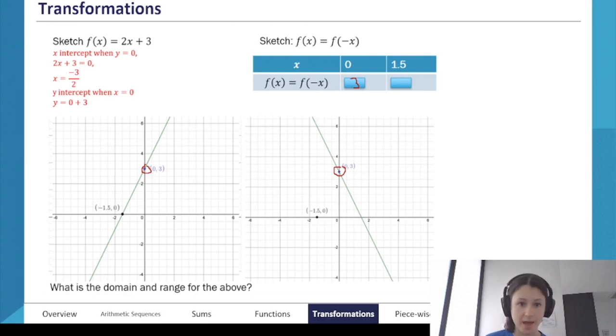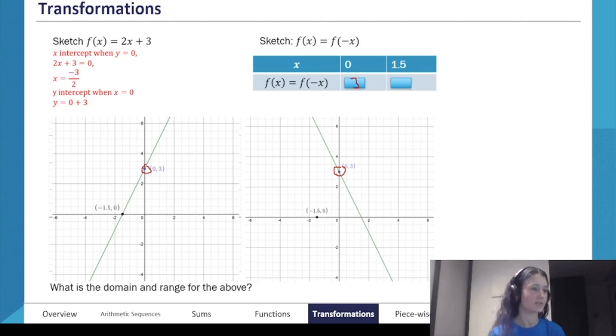However, if x is 1.5, then we're going to have 2 times 1.5, which is 3, plus 3, which is going to give us 6.